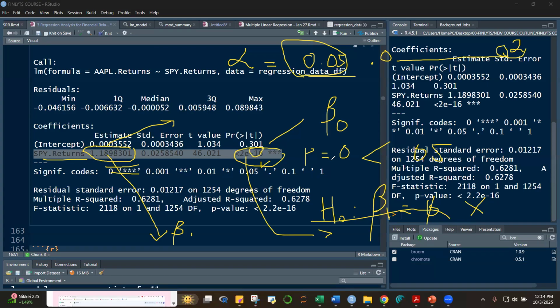When I say low, it means less than 0.05. And what's the null? Beta 1 is equal to 0. So what's our inference? We reject the null hypothesis. There's strong statistical reason to believe that your estimate for SPY returns is a value other than 0. In fact, the average is 1.89.